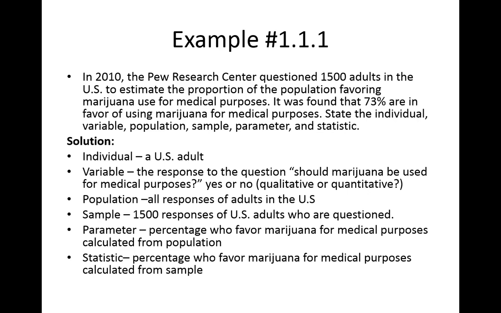Because if I know what I'm calculating, then I know what kind of data I'm going to be using in that computation, and then that tells me whether or not I have a population or if I have a sample. And it also helps me identify then what the variable is, and then what the individual is. So for me, going backwards through the list is actually a little bit easier than trying to start at the top and identifying who or what the individual is.